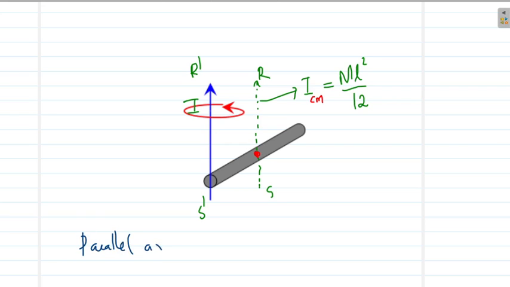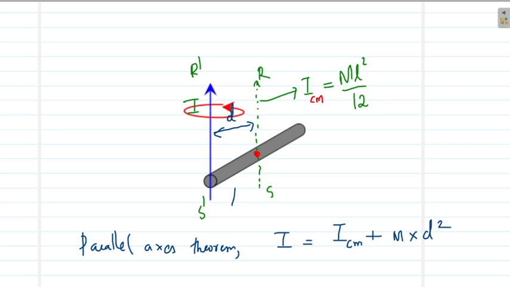So according to the parallel axis theorem, the moment of inertia I will be equal to ICM plus mass multiplied by distance between the axes squared. Since these axes are situated at a distance of L by 2 from each other, d is equal to L by 2 in this case.